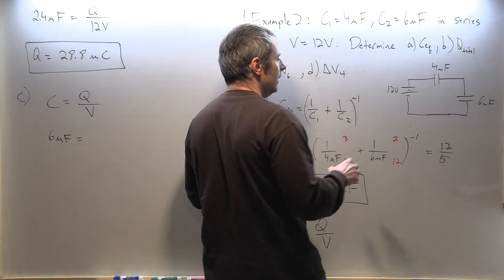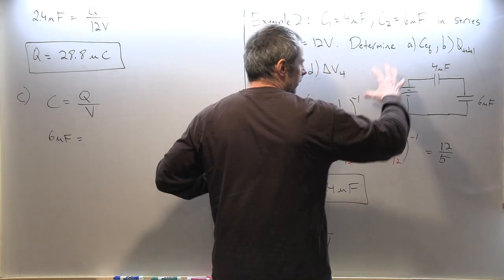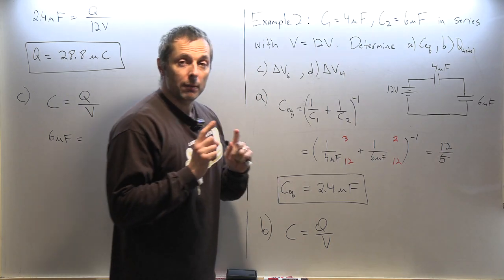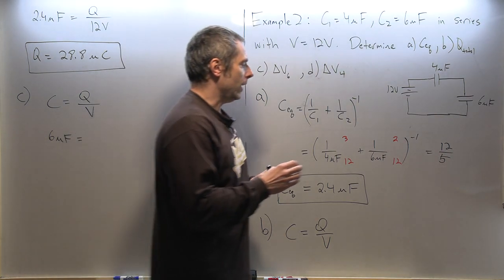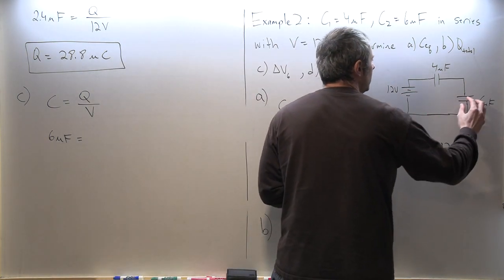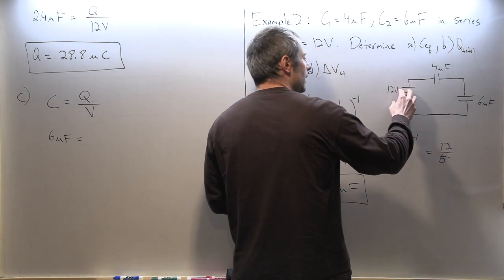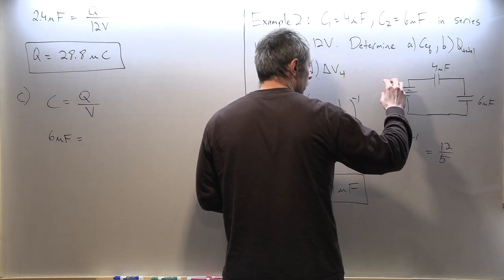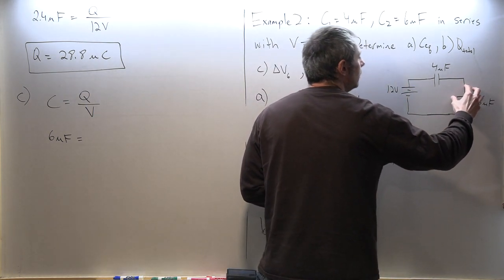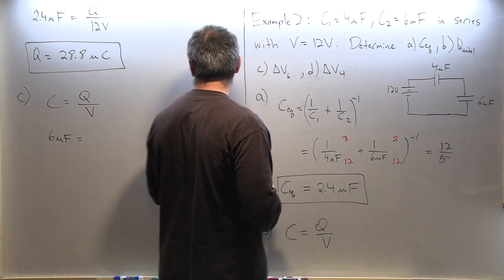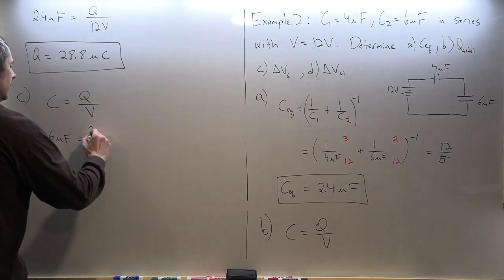How do I know that? You say, I only know the charge that's in the whole assembly. Remember, in series, whatever number of electrons come out here, they also go to here and around. So 28.8 microcoulombs came out of the battery. It went here. 28.8 went here also. So that's the charge, 28.8.